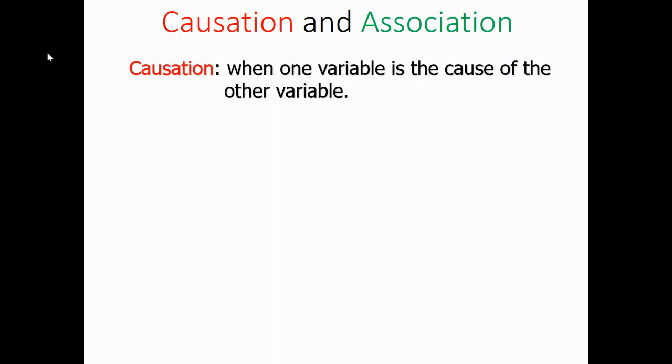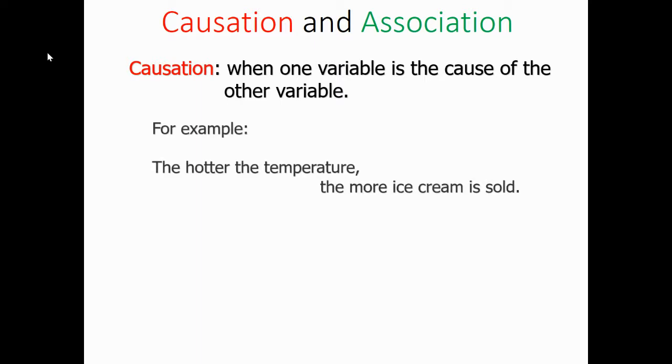Now let's talk about causation. Causation is when one of those items causes the other one to happen. So two things can be associated, but if one of them causes the other one to happen, then we also call that a causation. For example, the hotter the temperature, the more ice cream is sold. Those are associated, and one does cause the other to happen.